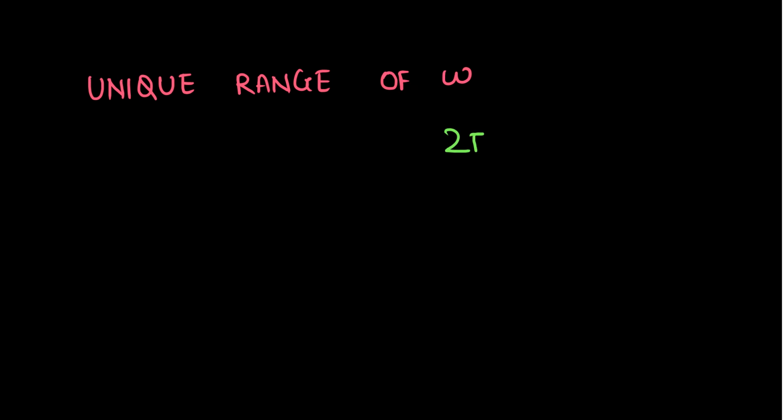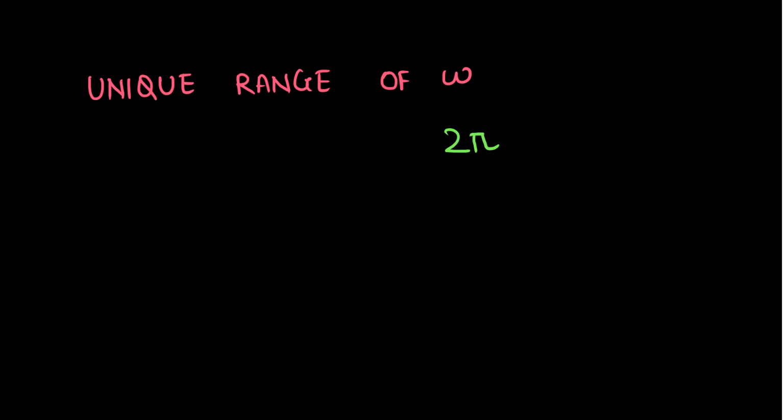Now if we look at the unique range of omega, the unique range of omega is 2 pi. So in any interval of 2 pi, we have a unique value of X of omega which repeats after 2 pi.